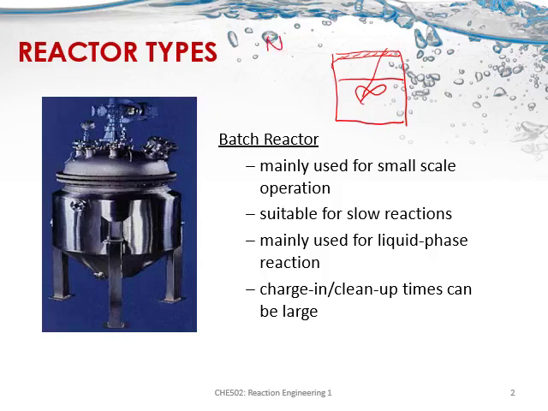You may start with NA naught, the number of moles at the initial, and then after a certain reaction time, you measure the concentration or number of moles of species A. I always put concentration because most of the time for a batch reactor you have constant volume, for which number of moles divided by volume becomes concentration.